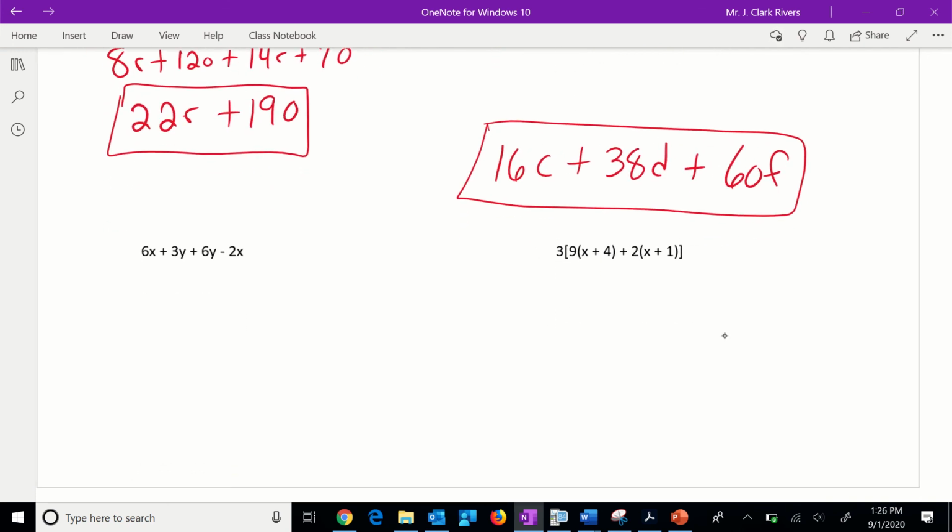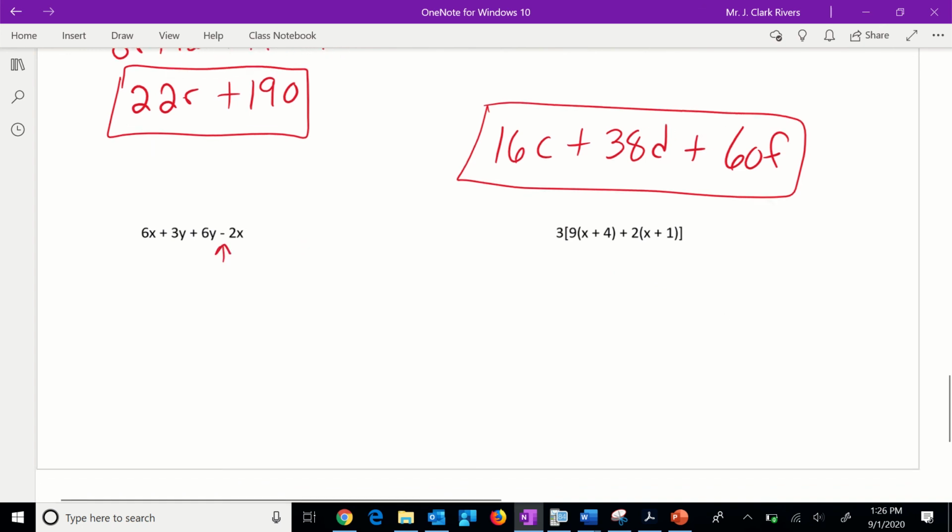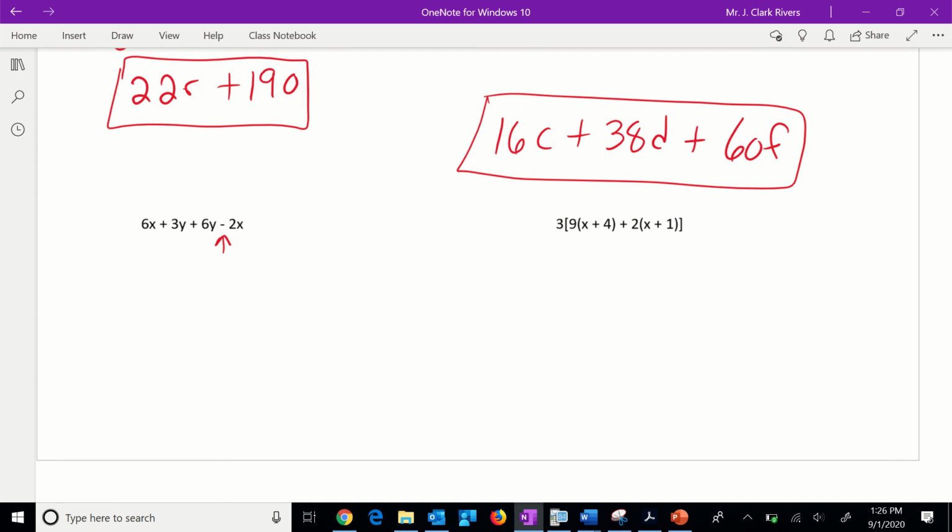Next one, 6x plus 3y plus 6y minus 2x. Important factor here. That negative sign in front of the 2, that subtraction sign, that belongs to that 2x. Wherever 2x goes, that negative sign or that subtraction sign has to go with it. So watch this.